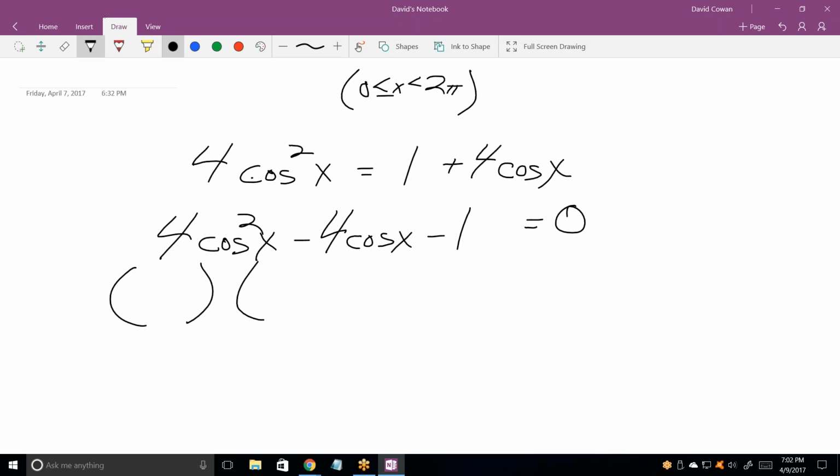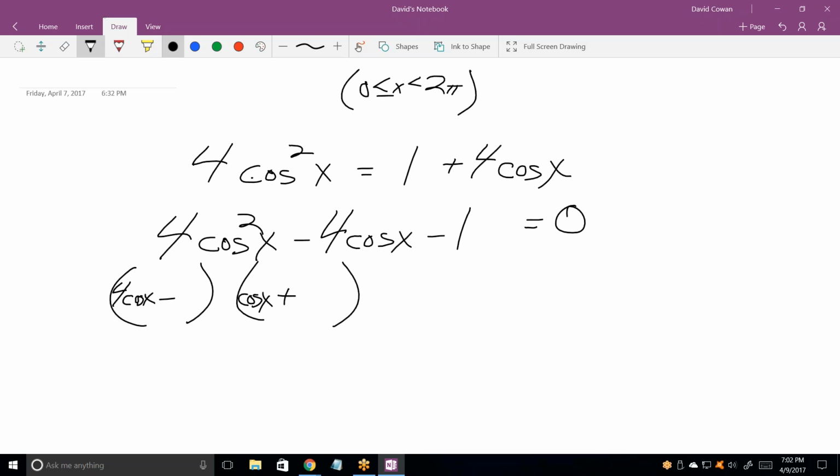Well, I know the signs have to be opposite, and that being the case, 2 cosine x and 2 cosine x is not going to work. So let's begin with 4 cosine x and cosine x. I still don't think it's going to work.